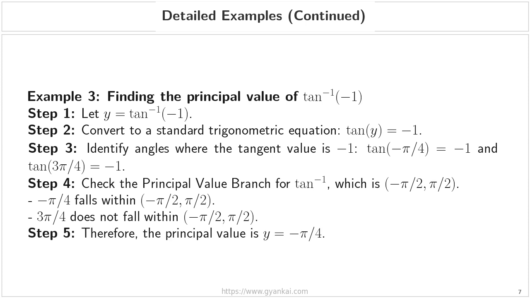Finally, in step 5, we provide our final statement. Since -π/4 is the only angle that resides within the predefined branch, the principal value is y equals -π/4. Pay close attention to how we handled the negative sign here, as this leads us directly into the common mistakes we will discuss in the next slide.